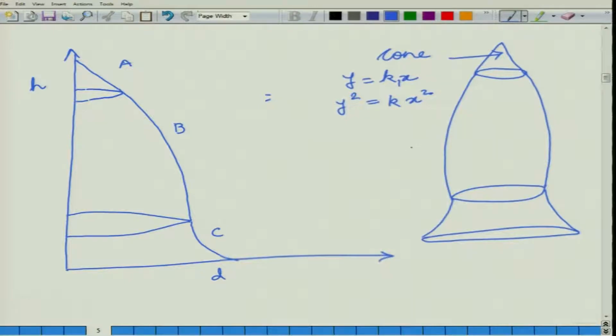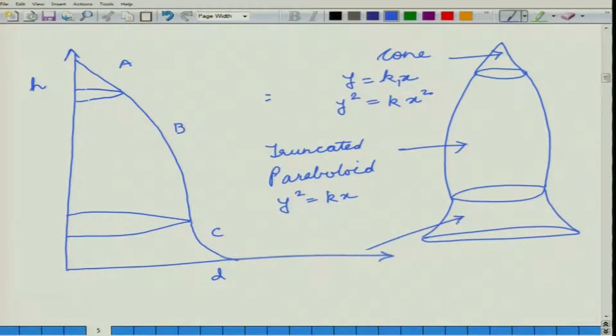In the middle portion, which is a truncated paraboloid, we will have the equation y square equal to kx, and in the lower portion, which is a truncated neiloid, we will have the equation y square equal to kx cube.